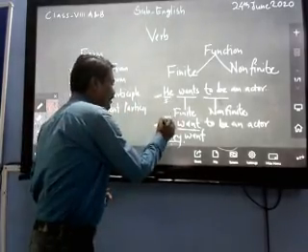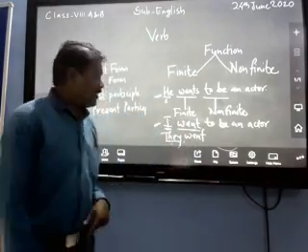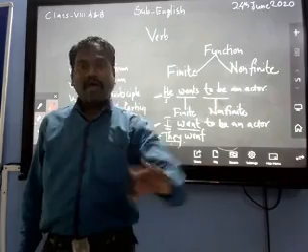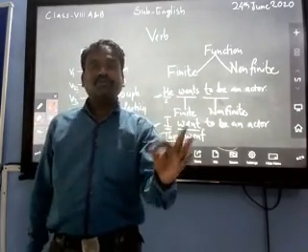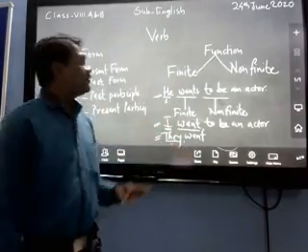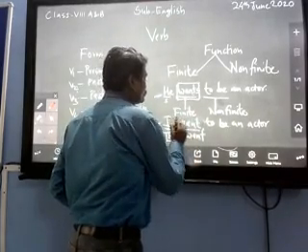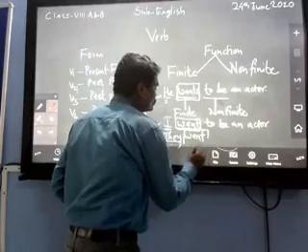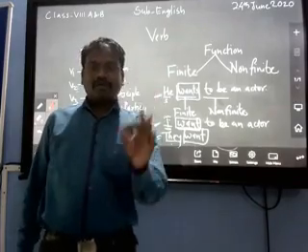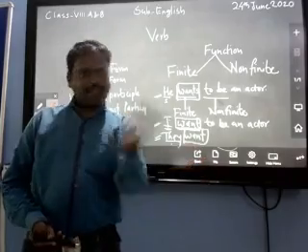He and I are singular, and they is plural. So when I change the number and the person of the subject, there may occur a change in the verb. Okay, it may also happen that there may not come a change.